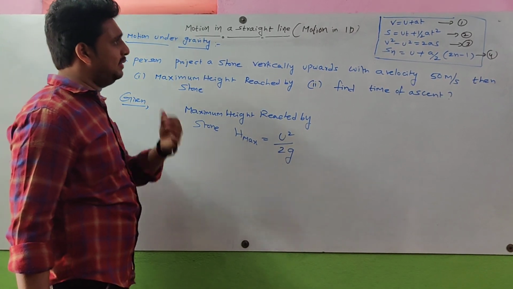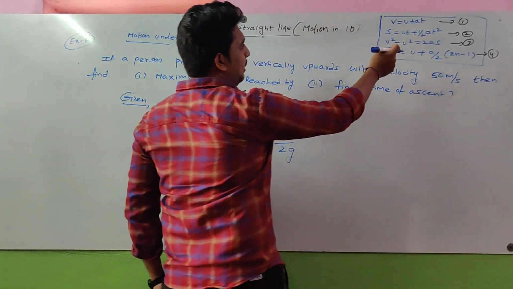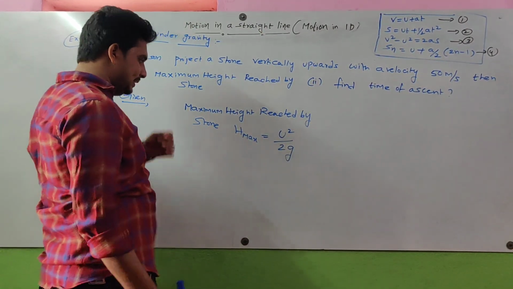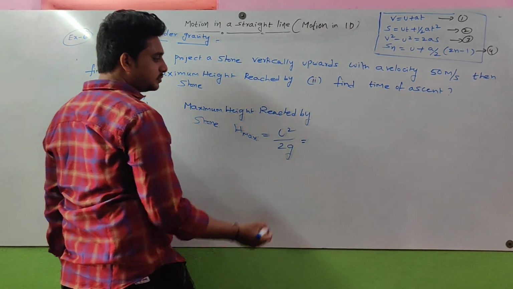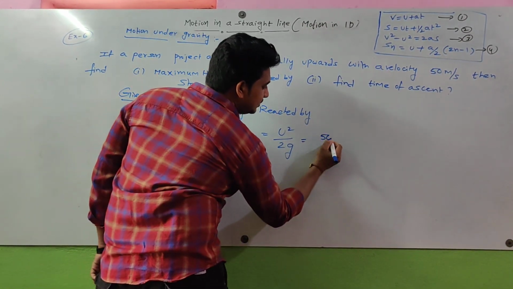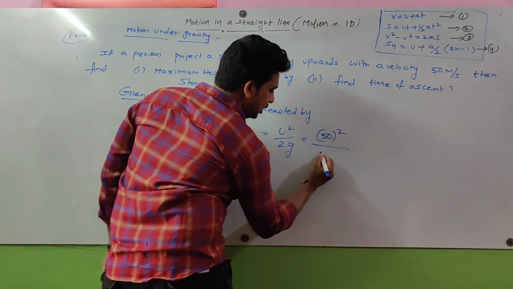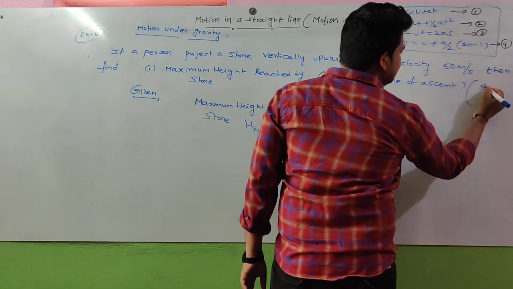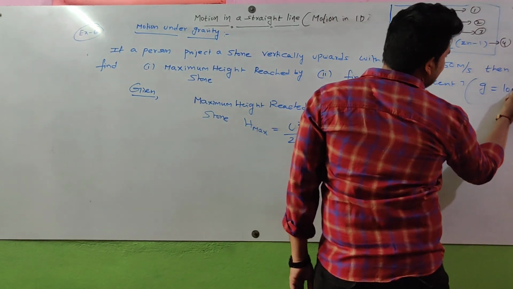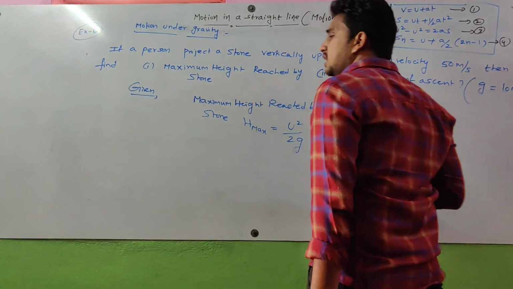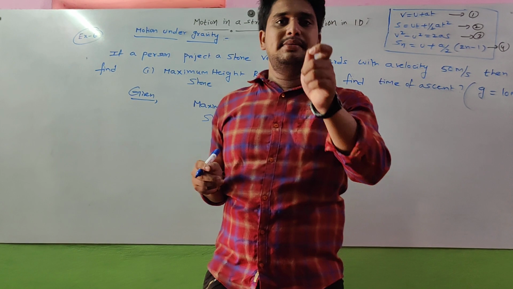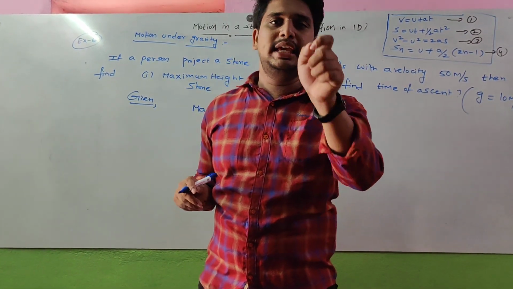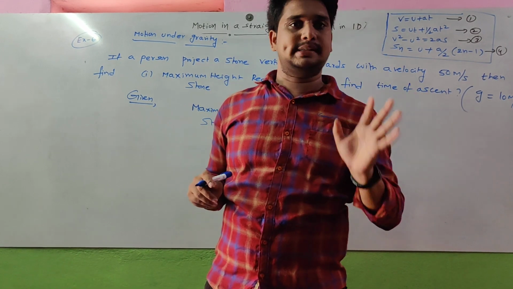Already a few minutes back we discussed this U square by 2g. So from this, U value is 50, square, by 2 into g. Here in brackets in the problem they have given g is equal to 10 meter per second square. Generally if the g value is not given, you should consider g is equal to 9.8 meter per second square.